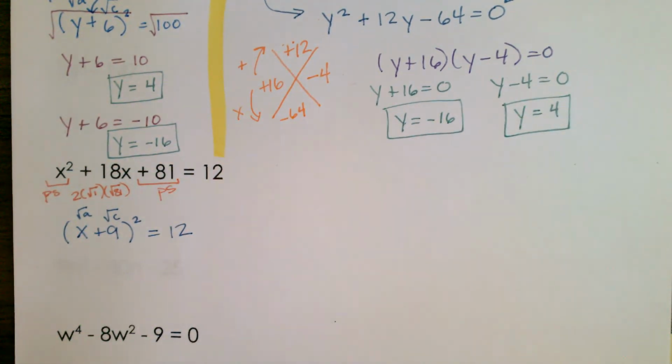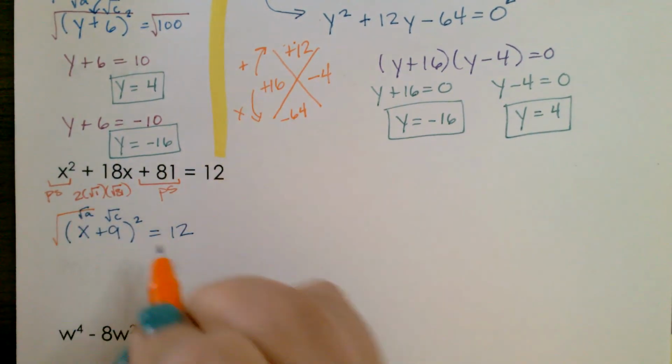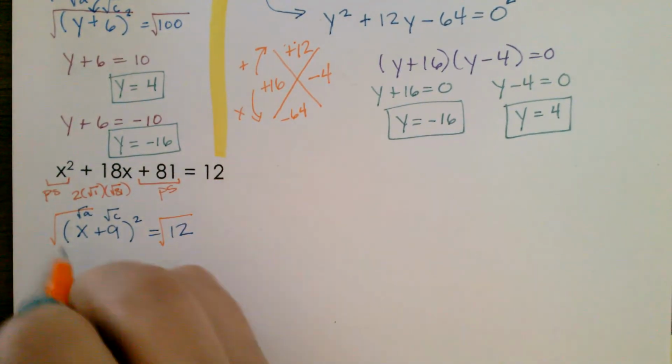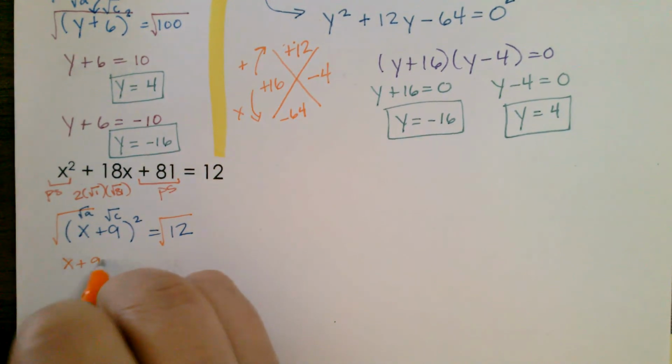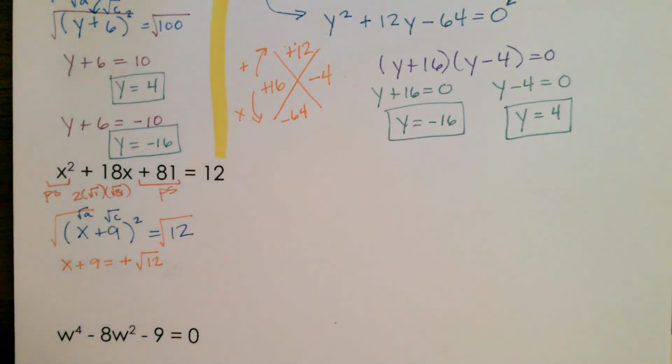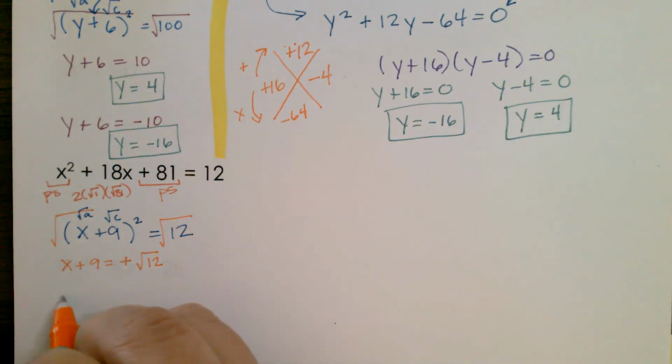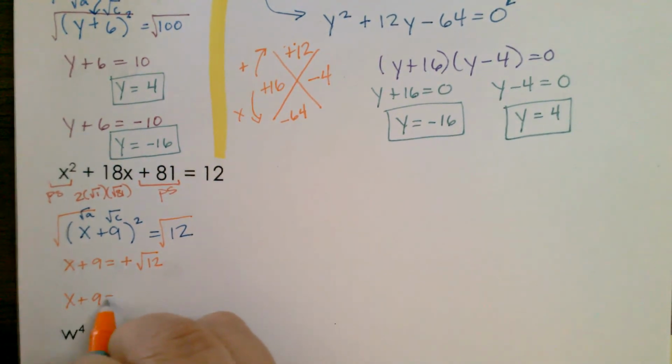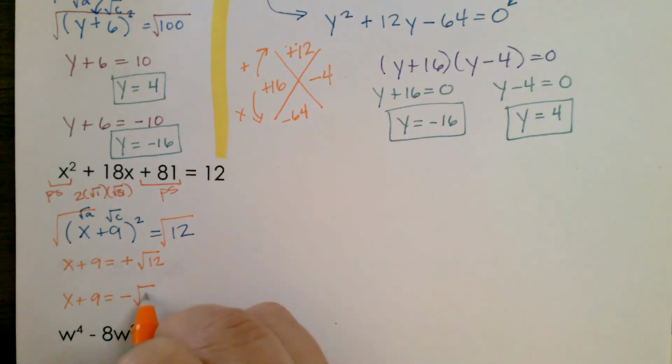Now I feel like I'm back to the original one that we did on the top of my current page. M minus 5 squared equals 13. So I'm going to take the square root of both sides. And I would have x plus 9 equals positive square root of 12. That is not a perfect square number. And x plus 9 equals negative square root of 12.